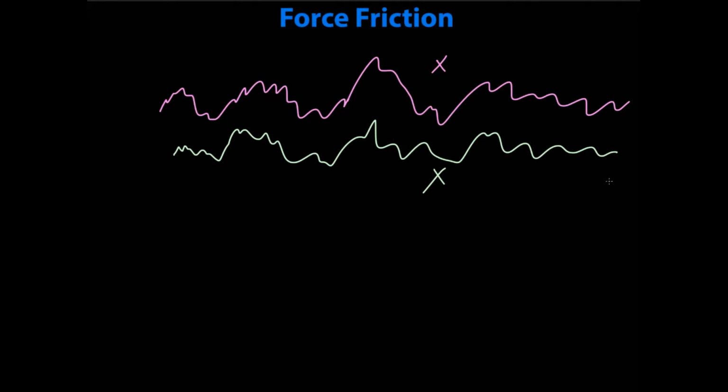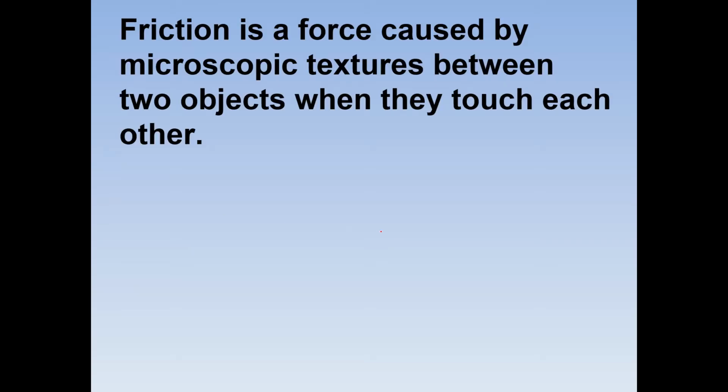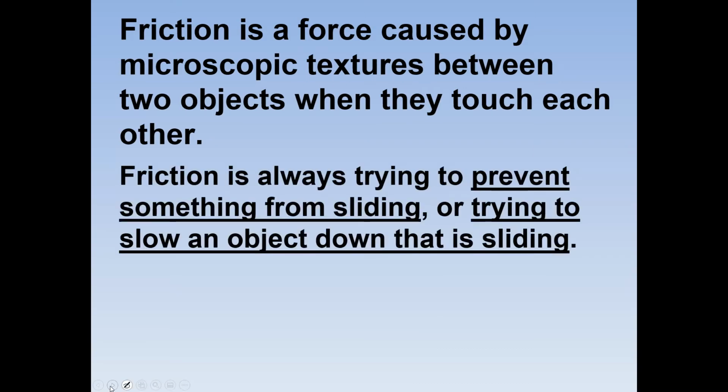All the ridges and valleys in the two surfaces on a microscopic level will kind of lock into each other, almost like Legos would. If you try to slide the book across a desk, there's going to be some resistance due to the fact that these ridges and valleys are locked into each other. So, to start us off, friction is a force caused by microscopic textures between two objects when they touch each other. Friction is always trying to prevent something from sliding or trying to slow an object down that is sliding.